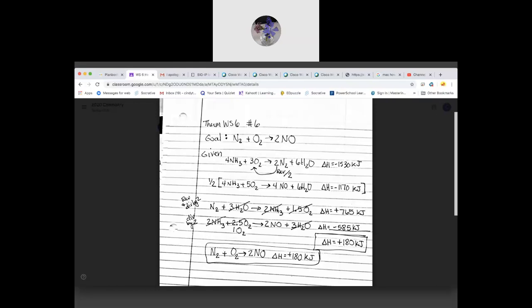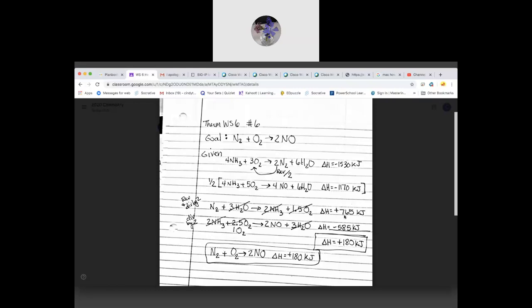And whatever I did to this whole thing, I also did to the heat of the reaction, which means that I multiplied this negative 1530 by negative 1/2. When you multiply a negative by a negative, it gives you a positive. And basically it chopped the value in half.